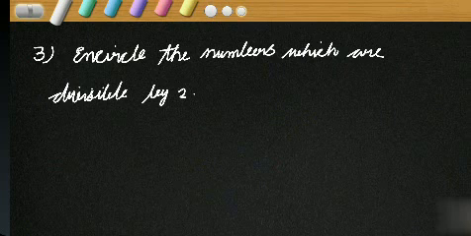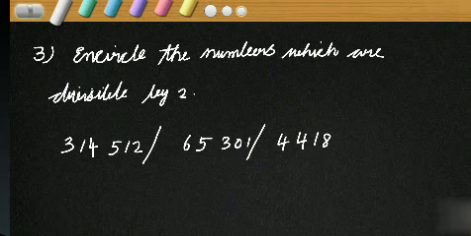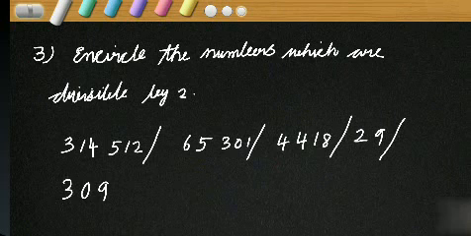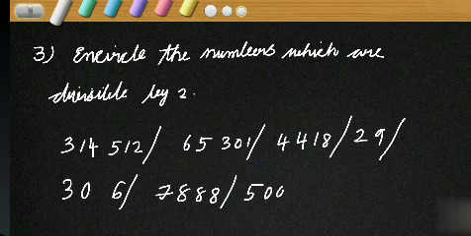So let's write down the question. The given numbers are 3,14,512, 65,301, 4,418, 29, 306, 7,888, 500, 441.